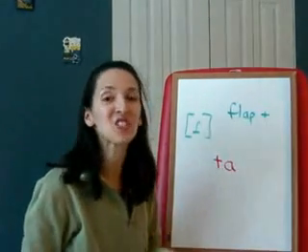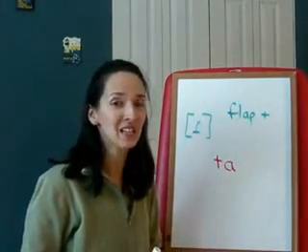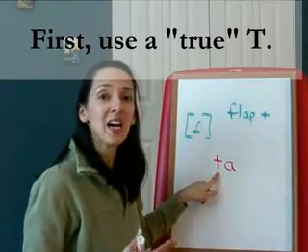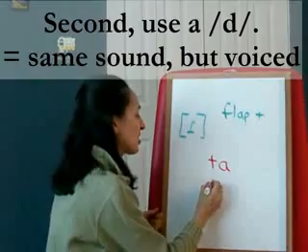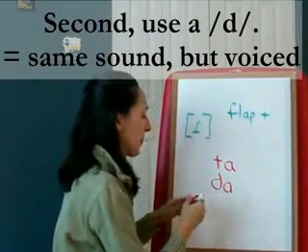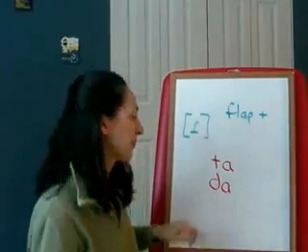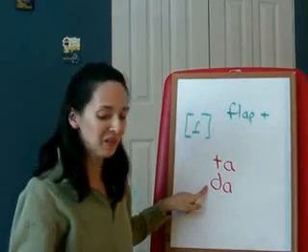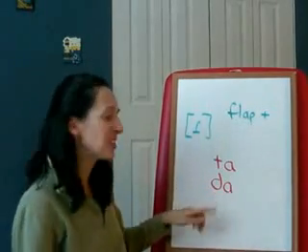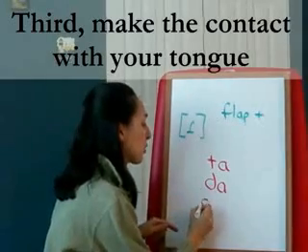This is not a word, it's just a sound. Say "ta" with the true T. Ta, ta, ta. Now let's change it to a D. You'll feel vibration here. Da, da, da. Okay? Now I want you to say this sound very quickly.